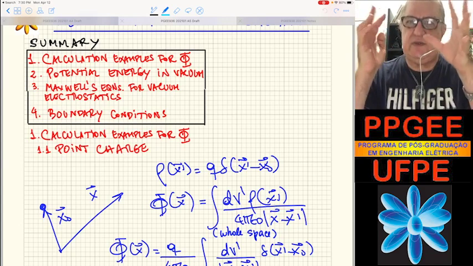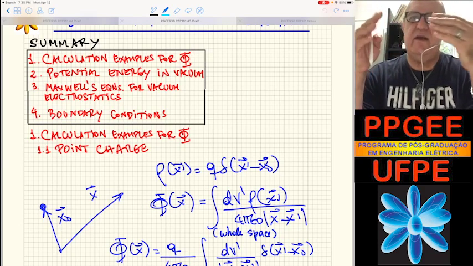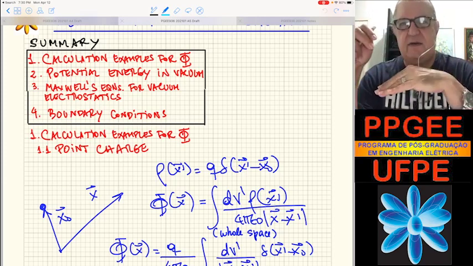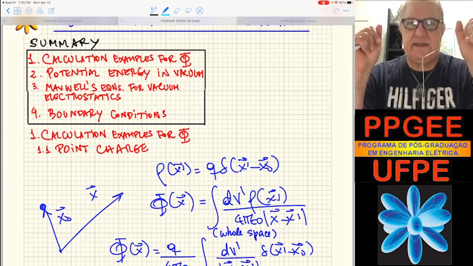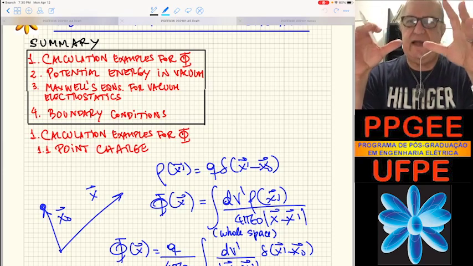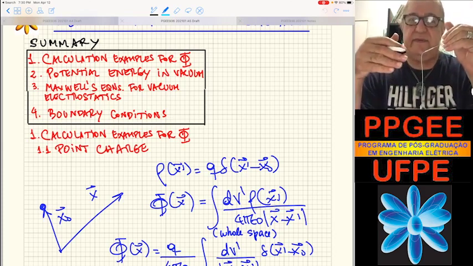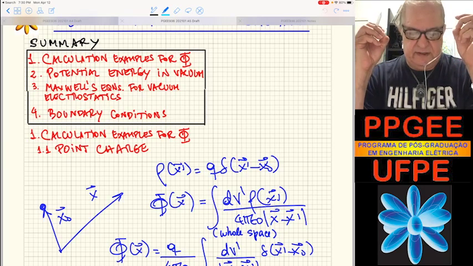So we're always going to use a volume integral. Of course, we can reduce that integral to a surface integral in some cases, to a line integral in others, but every time we calculate the potential as an intermediate step to get the field, we are going to use Dirac's delta functions.